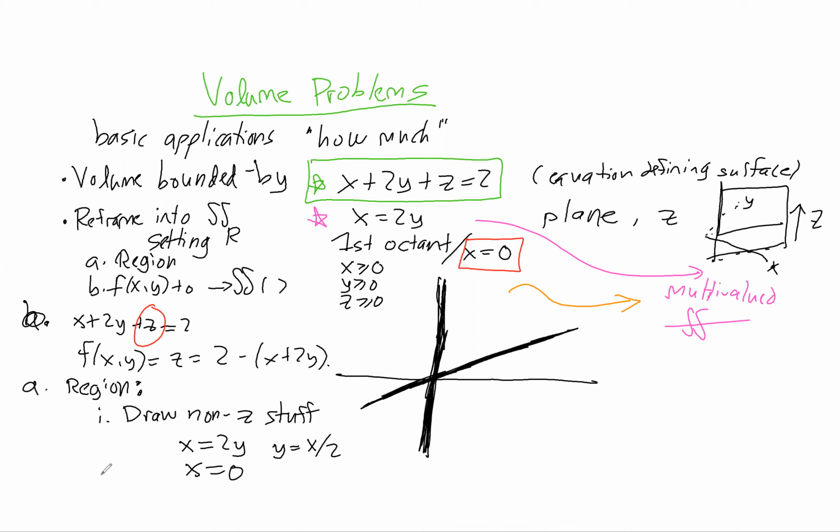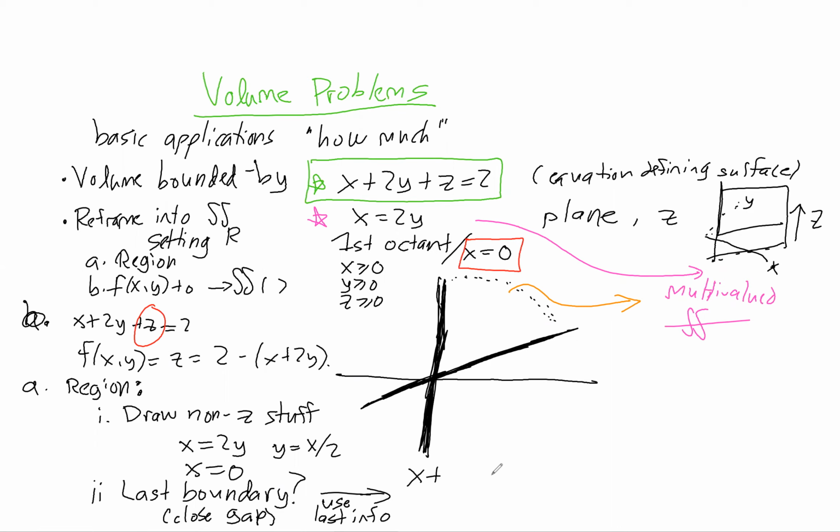Now, we are missing the third boundary. So we need the last boundary of the region, something that should close up this gap here. There's only one more piece of information, so I'm going to use the last information in the problem, and that comes from the x plus 2y plus z equals 2 information.